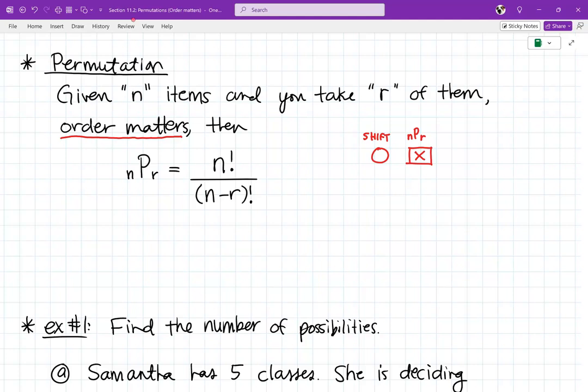But if the order in which you pick the candy bars is important to you, then order matters, so you would do a permutation. If order doesn't matter, you would do what we're going to do on Monday, which is a combination. But if order matters, then we'll use permutations. The shortcut is shift times. So let's look at some examples.